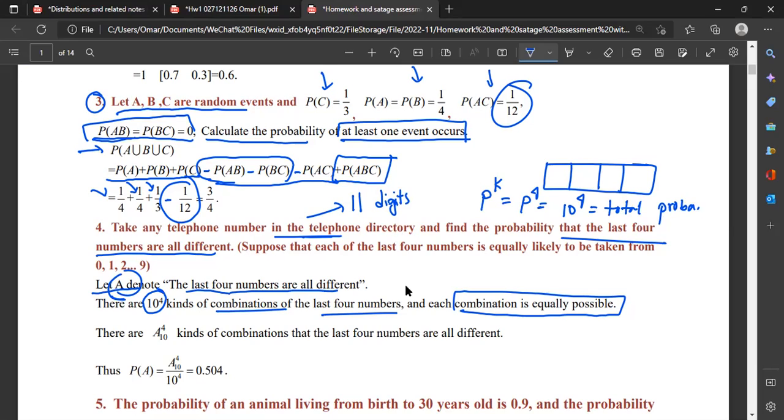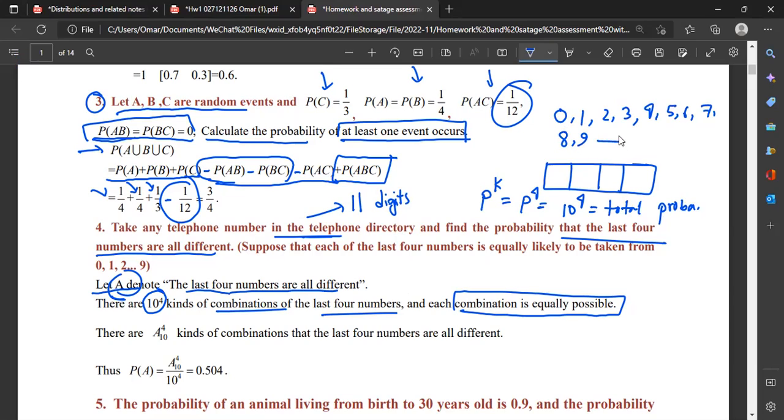As you know, the telephone number can use digits from 0 to 9: 0, 1, 2, 3, 4, 5, 6, 7, 8, and 9.